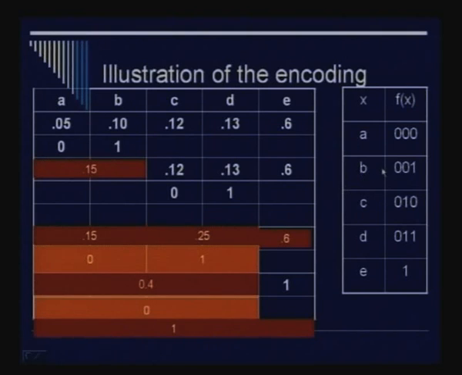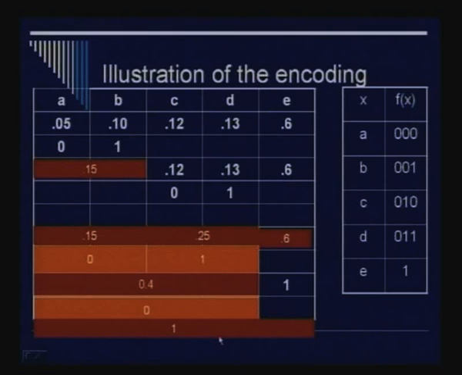A is 3 zeros, B is 0 0 1. You can see that B is 0 0 and 1. Okay. C is 0 1 followed by 0, and D is 0 1 followed by 1, and E is denoted by 1 itself. Okay. So you see that for E I have used only one bit.